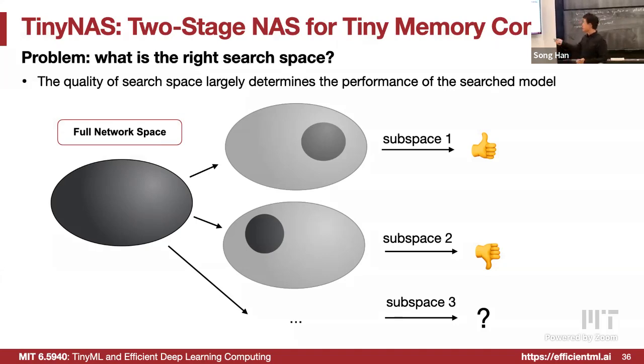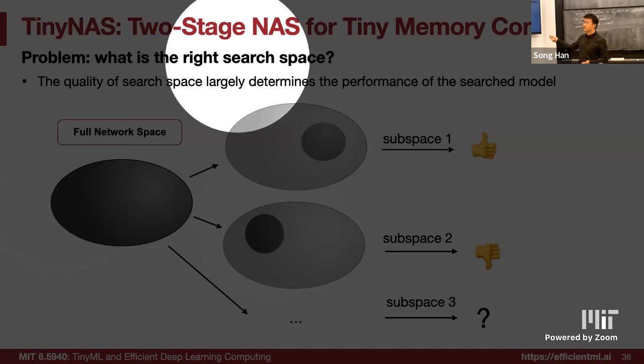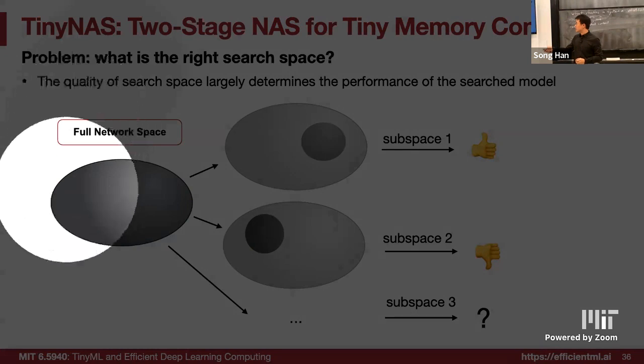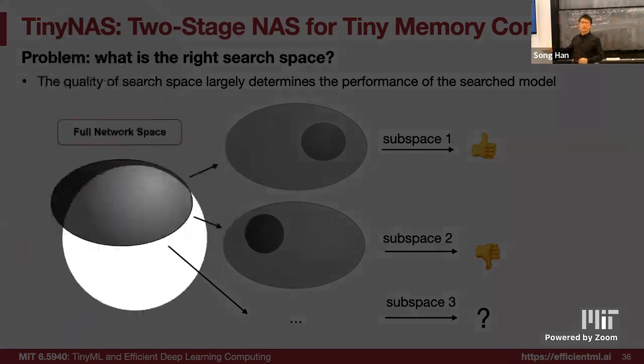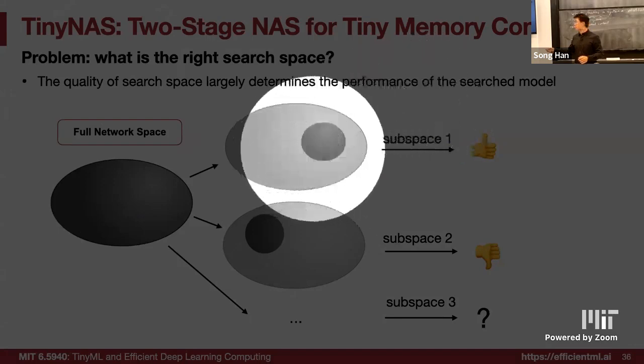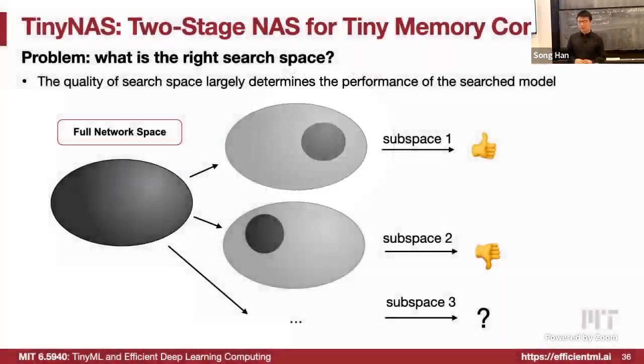The first of the two stages of TinyNAS is to search the search space and find a good subspace that feels promising, rather than exploring the entire search space. We want to explore a much smaller and constrained search space.